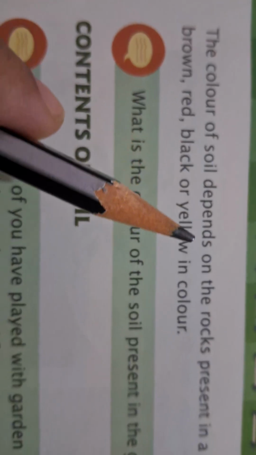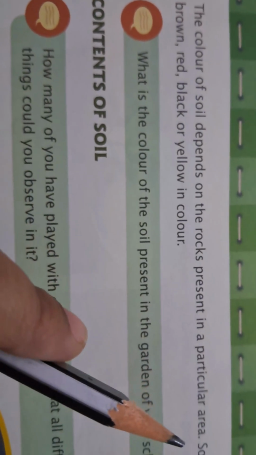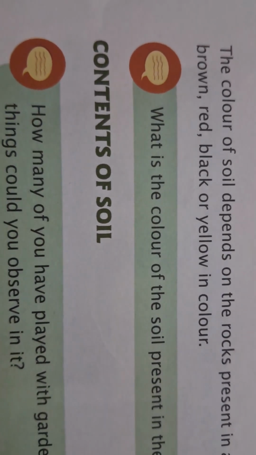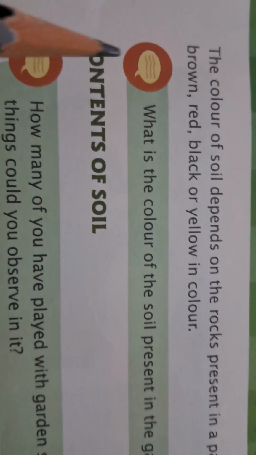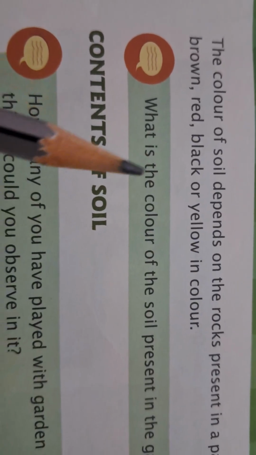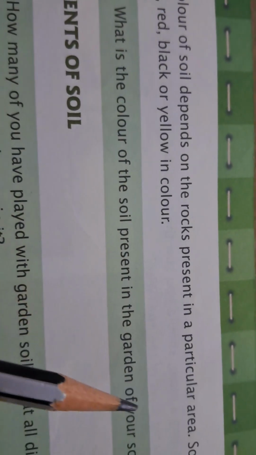The color of soil depends on the rock present in a particular area. As we studied the formation of soil, we also have to think of the color of the soil, isn't it? So the color of soil depends on the rocks present in a particular area.